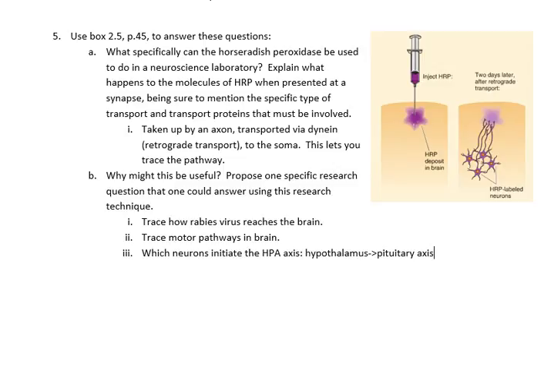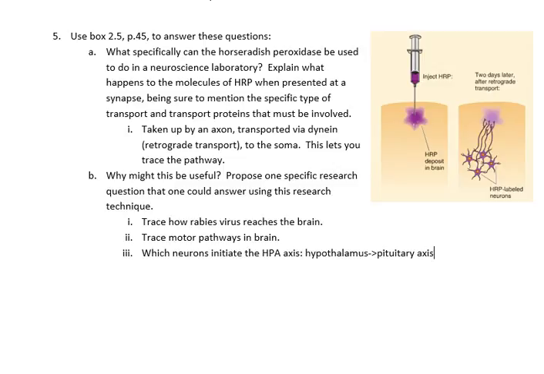If you're looking at hypothalamus releasing hormones going to the pituitary and then going to the adrenal gland, for example, I don't think this would work because you're not tracing neurons then. But if you look in the posterior pituitary, and you might know this if you've taken a physiology course, the posterior pituitary contains axons that are coming from the hypothalamus, and they're releasing hormones into the blood from the posterior pituitary.